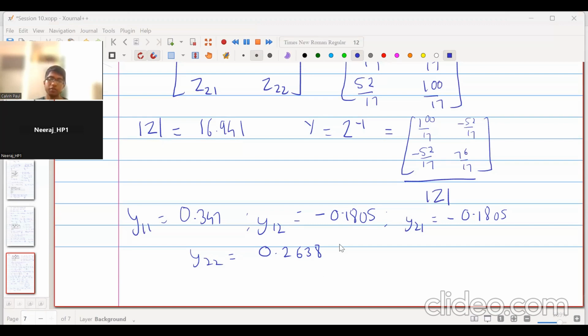Why is it not symmetrical? Okay, yeah. If it has to be symmetrical, Y11 should be equal to Y22, which is not happening. So we have found out the network is reciprocal, but the network is not symmetrical.